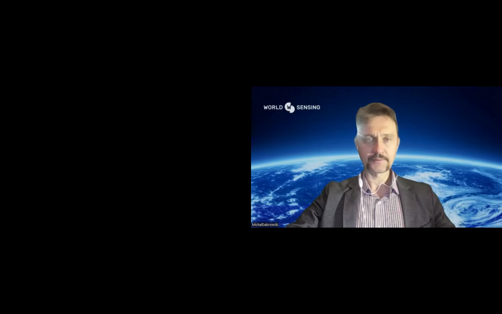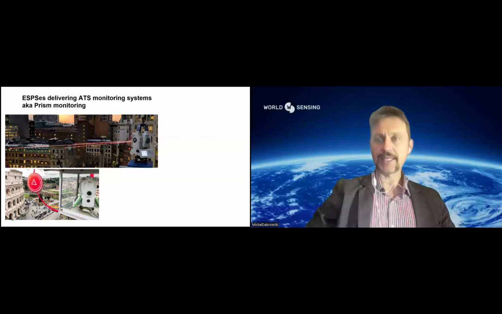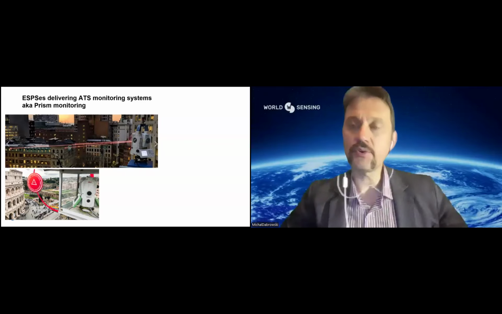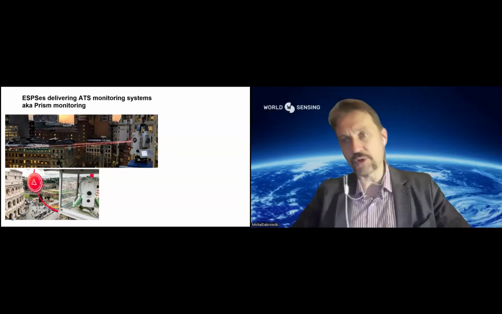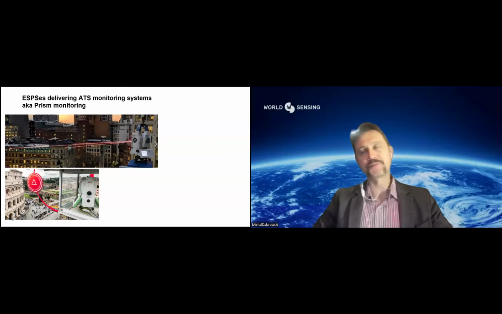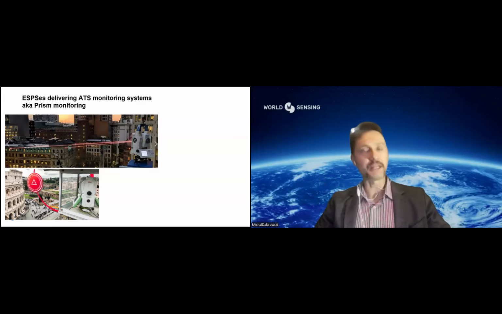Let me bring up another slide, which I have prepared. So, in terms of GNSS monitoring, prism monitoring, and radar monitoring: prism monitoring and total station monitoring are optical methodologies.